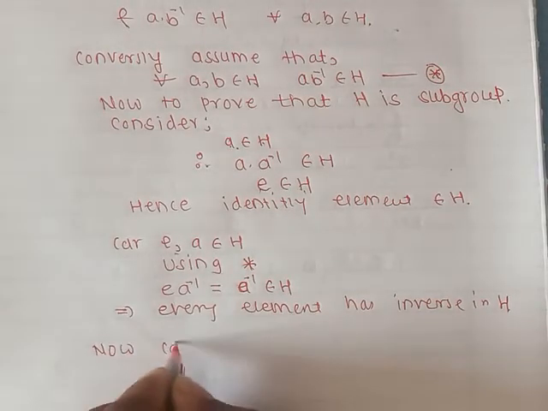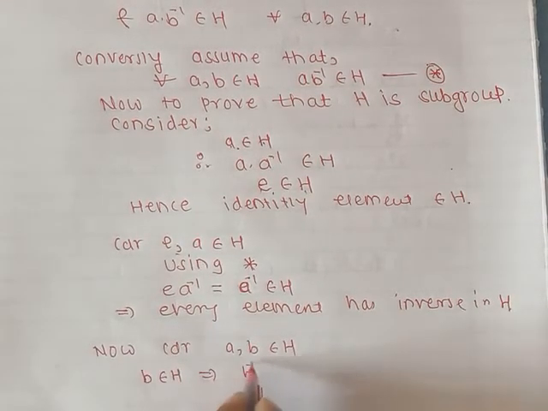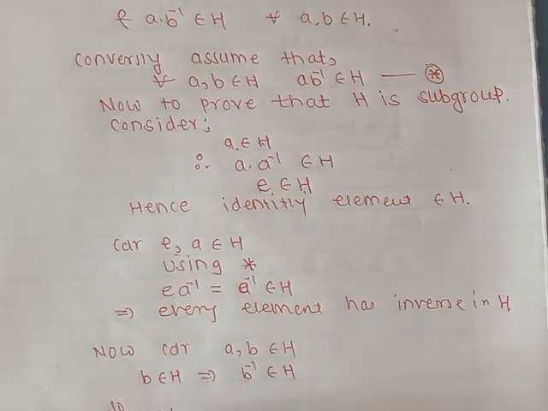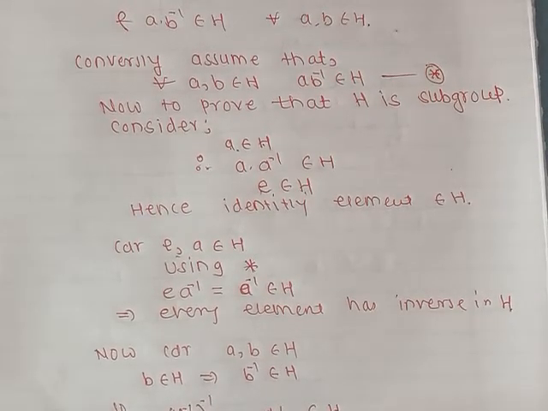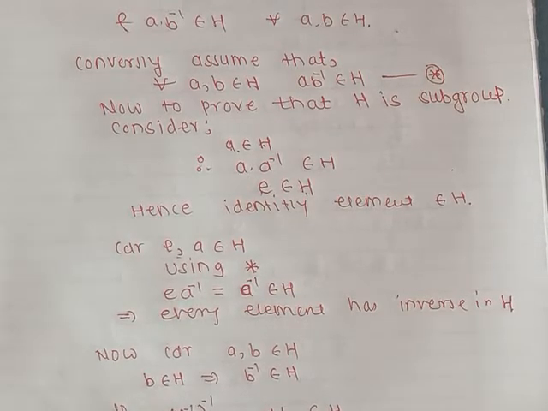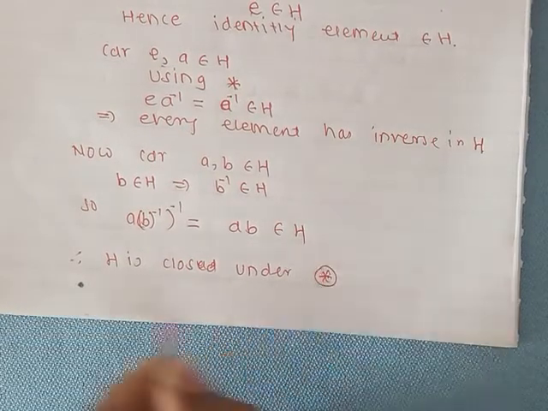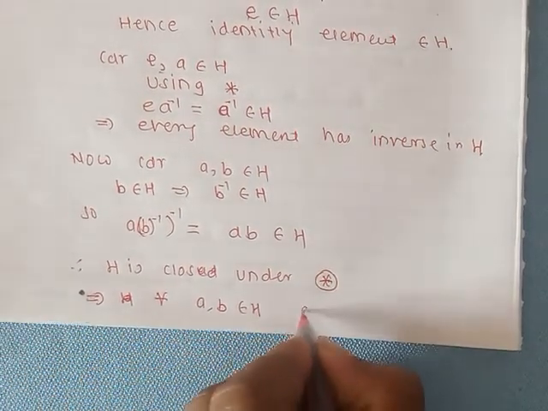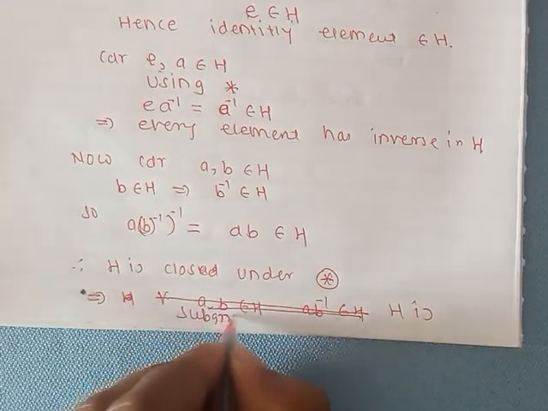Now consider a, b belongs to H. Now b belongs to H implies that b inverse also belongs to H. So a into b inverse, and its inverse, is equal to a b, belongs to H. So H is closed under star, implies that for all a, b belongs to H, a b inverse also belongs to H. So this implies that H is a subgroup, hence the proof.